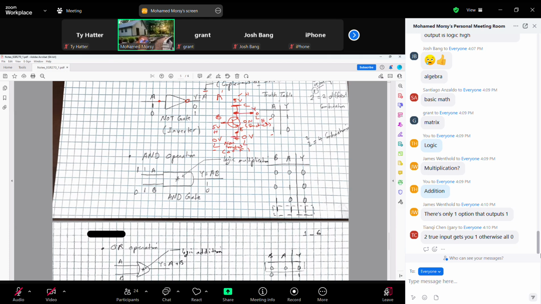The output is 1 if and only if the two inputs are ones. If and only if the two inputs are ones. Chin also mentioned it, and Dash. Thank you.